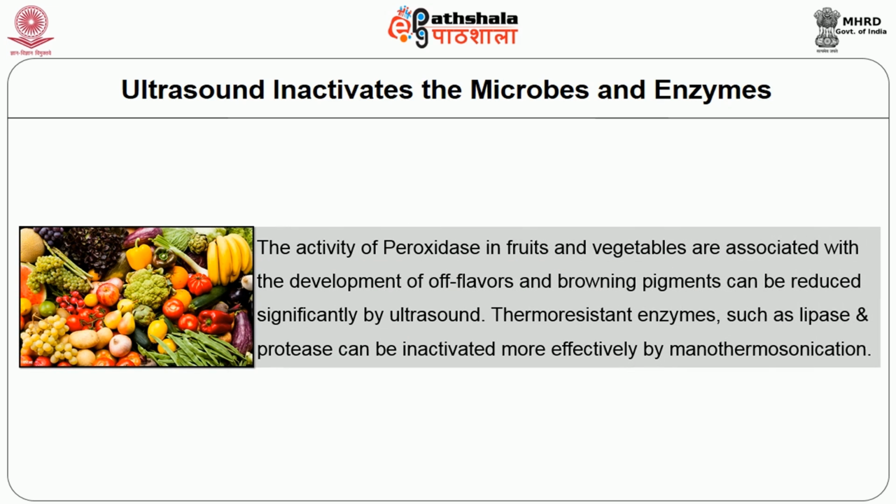The activity of peroxidase in fruits and vegetables is associated with the development of off flavors and browning pigments, which can be reduced significantly by ultrasound. Thermoresistant enzymes such as lipase and protease can be inactivated more effectively by manothermosonication.